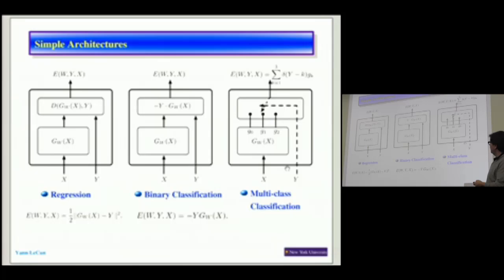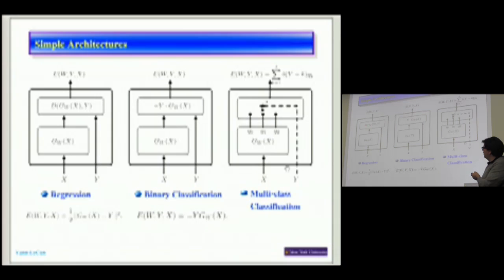So here is regression. In classical regression, you take an x, you run it through some parameterized function, your regressor. Then you take the output of this and connect it to a distance measure, which you should call a loss function, actually. This measures the distance between whatever comes out of this box and y.